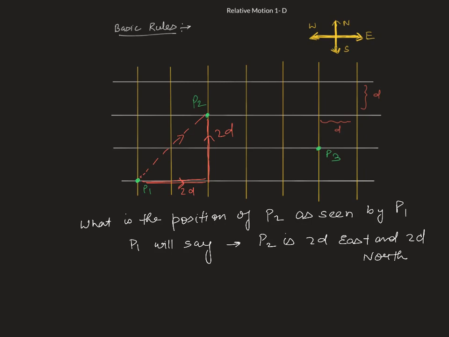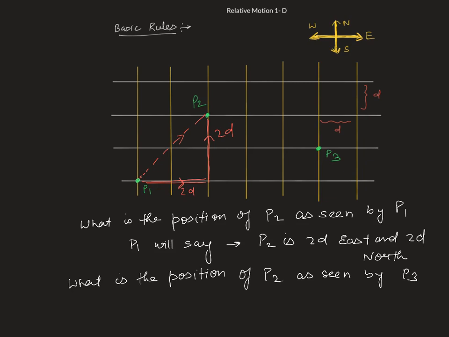Now it brings us to the second question. What is the position of P2? Again P2, not any other particle, the same person P2. But this time the observer is different, as seen by P3.